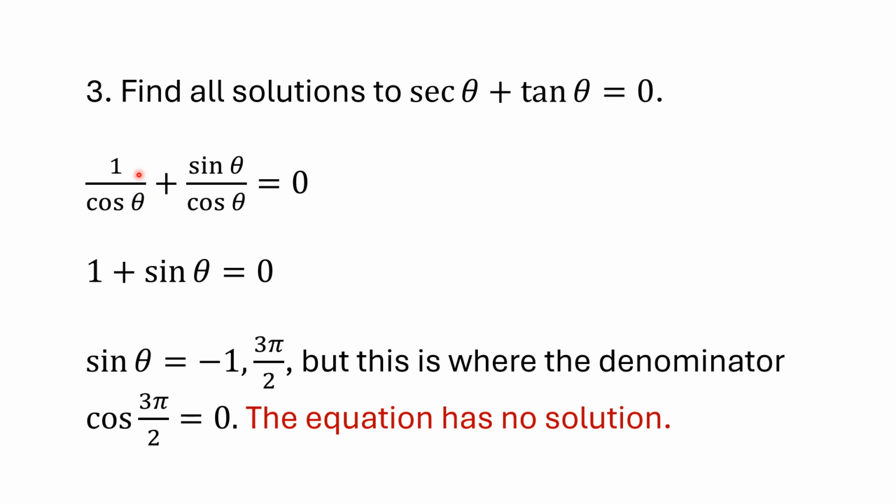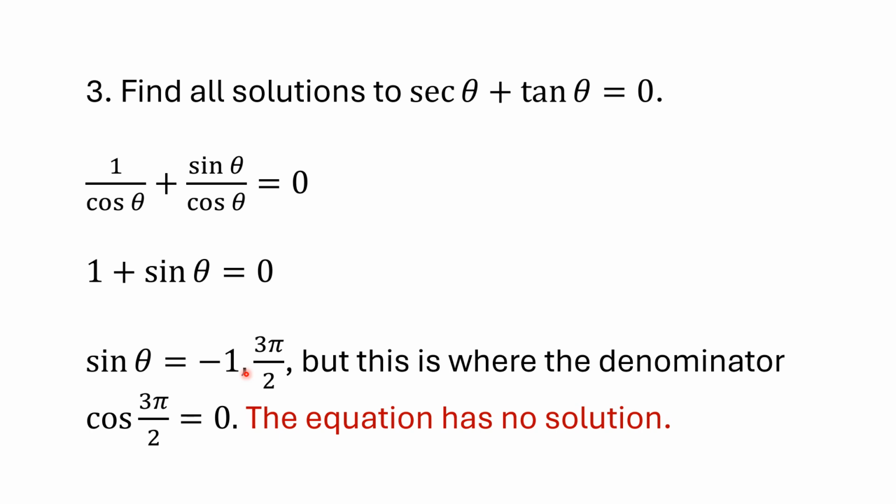So the secant is 1 over the cosine. The tangent is the sine over the cosine. I have a common denominator, so I will set the numerator equals 0. So I get the sine theta equals negative 1. Where's the sine negative 1? That's at 3 pi over 2.